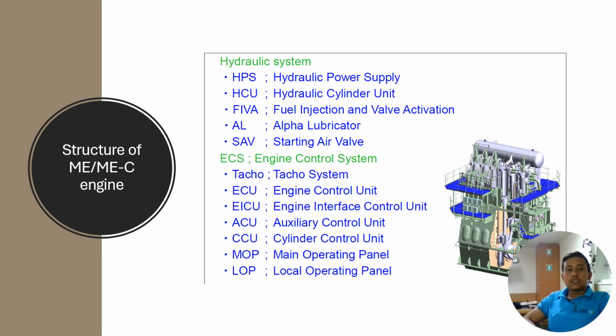In the ECS, or engine control system, we have the tacho system, ECU, engine control unit, EICU, engine interface control unit, ACU, auxiliary control unit, CCU, cylinder control unit, MOP, main operating panel, LOP, local operating panel. We will discuss these terms later on, but as I already said, you need to memorize these terms so that you can understand the concept of the ME engine.